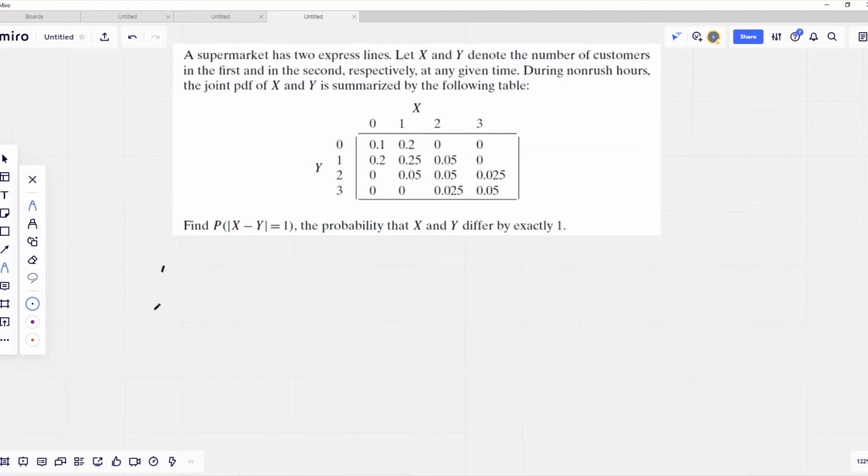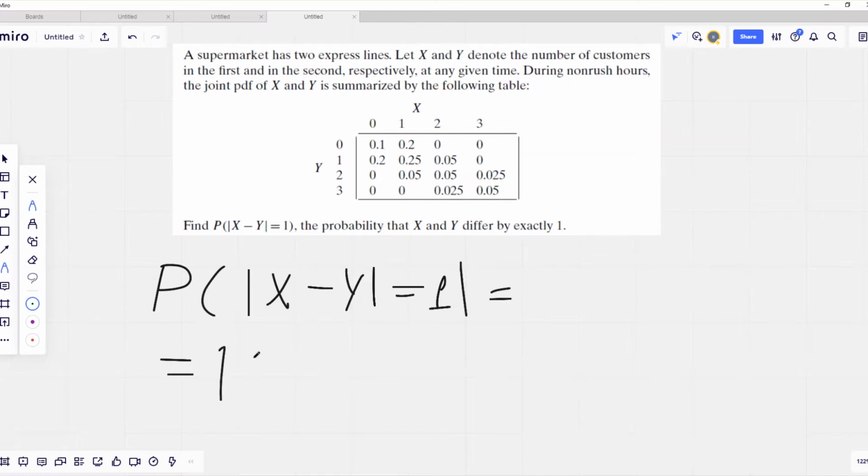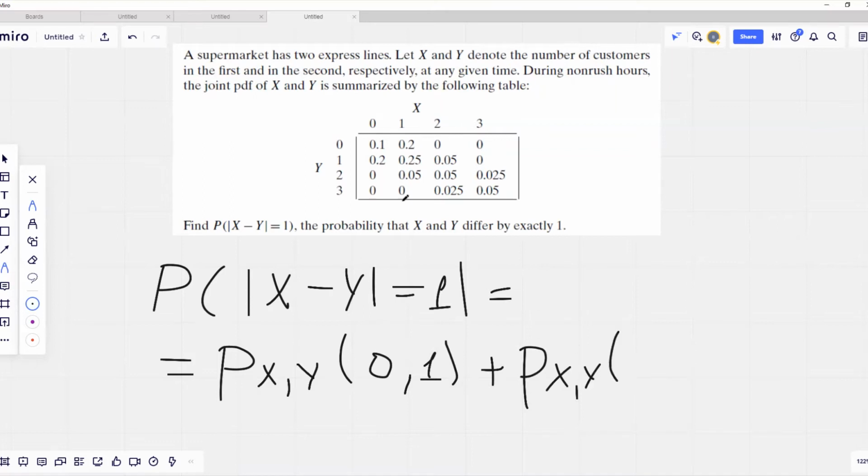All right, so let's find this probability here. Then this probability is equal to the sum of the following probabilities. Probability that we have 0 customers in the first line and 1 customer in the second line, so 0, 1, plus the probability that we have 0 customers in the second line and 1 customer in the first line.